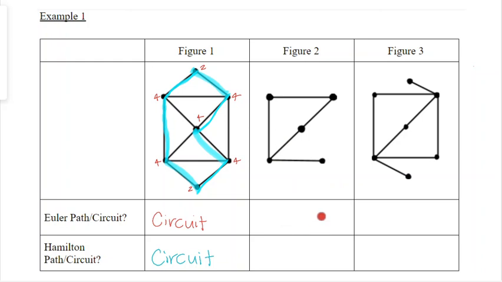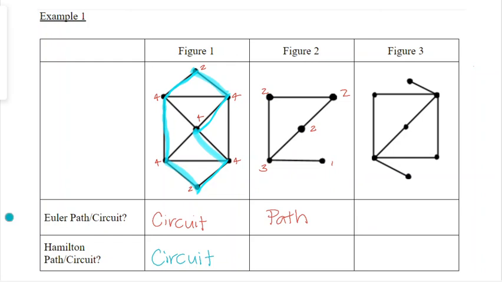What about figure 2? If we look at the degree of each vertex, we have exactly two odd vertices, so we know we have an Euler path, and that path would have to start at one odd vertex and end at the other.